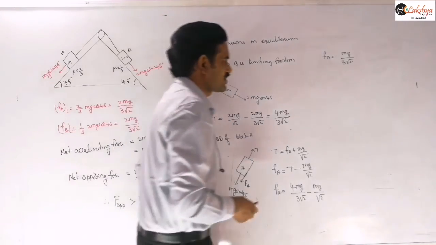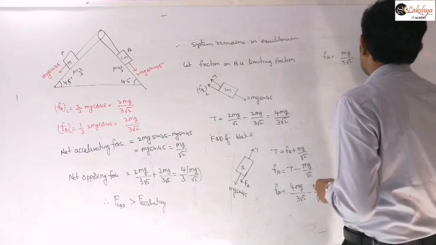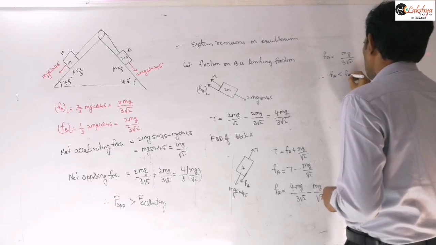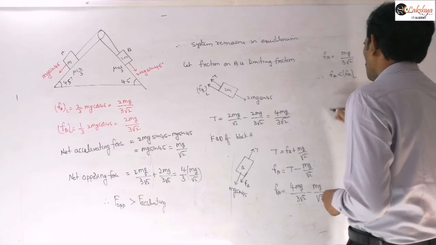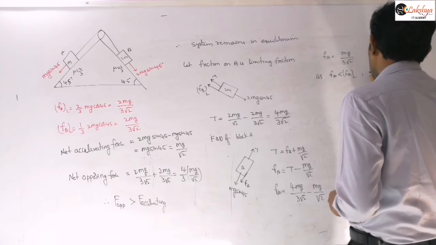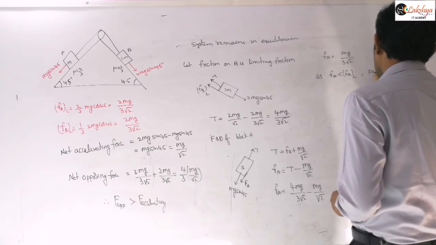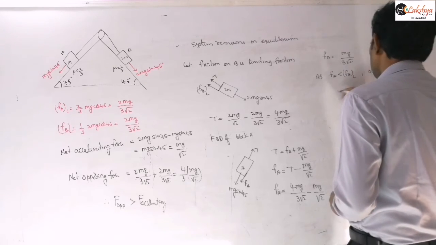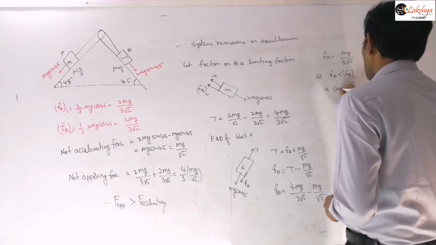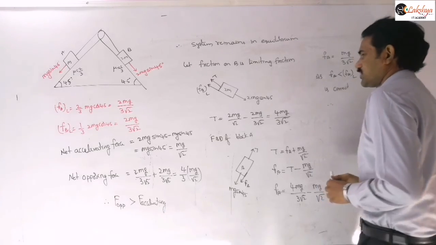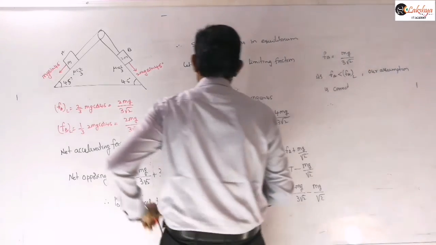Therefore F_A is less than F_A limiting. As the F_A value is less than F_A limiting, our assumption is correct.